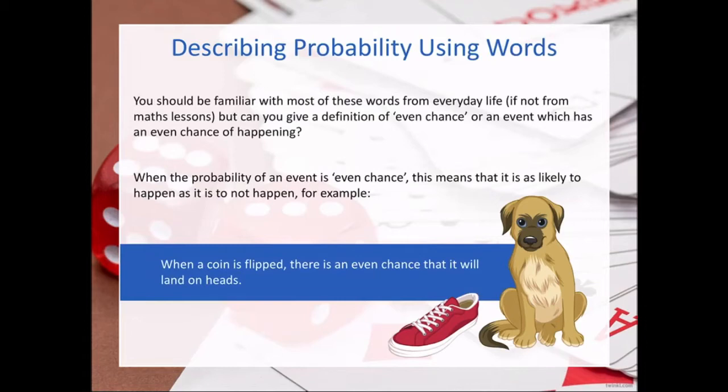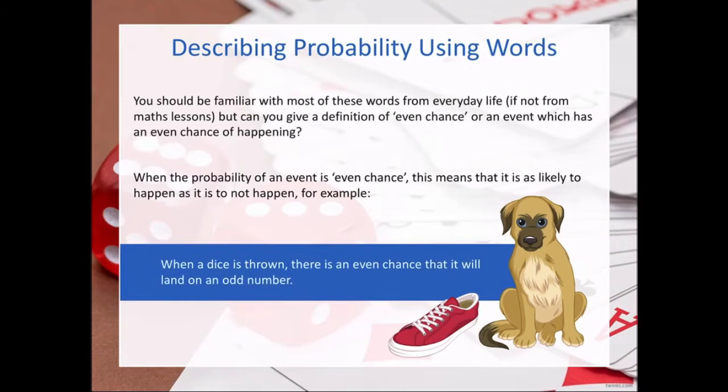For example, when a coin is flipped, there is an even chance that it will land on heads. Why is it an even chance? Because there's only two options, heads or tails. So it's either going to land on one or the other. And it's going to land on one or the other whether you have a preference or not. Okay, so there's an even chance.